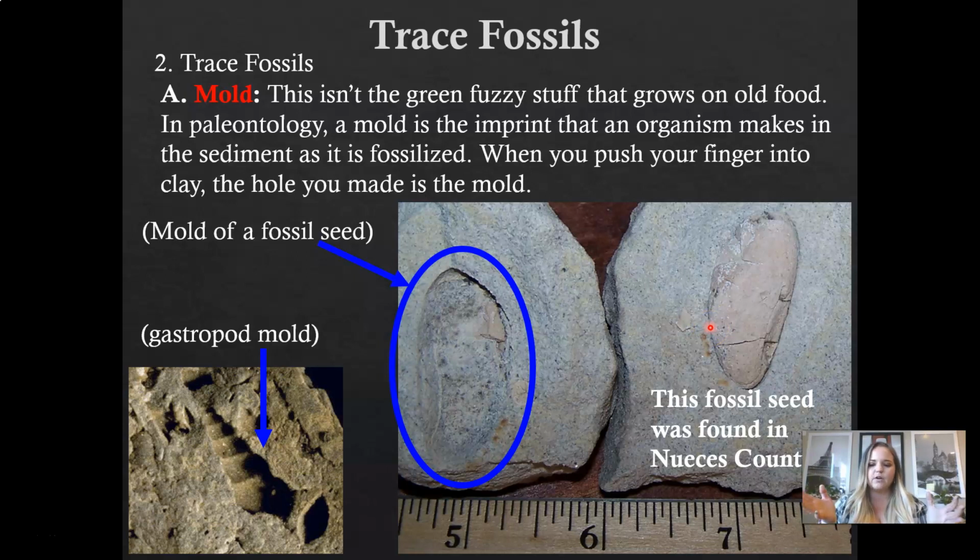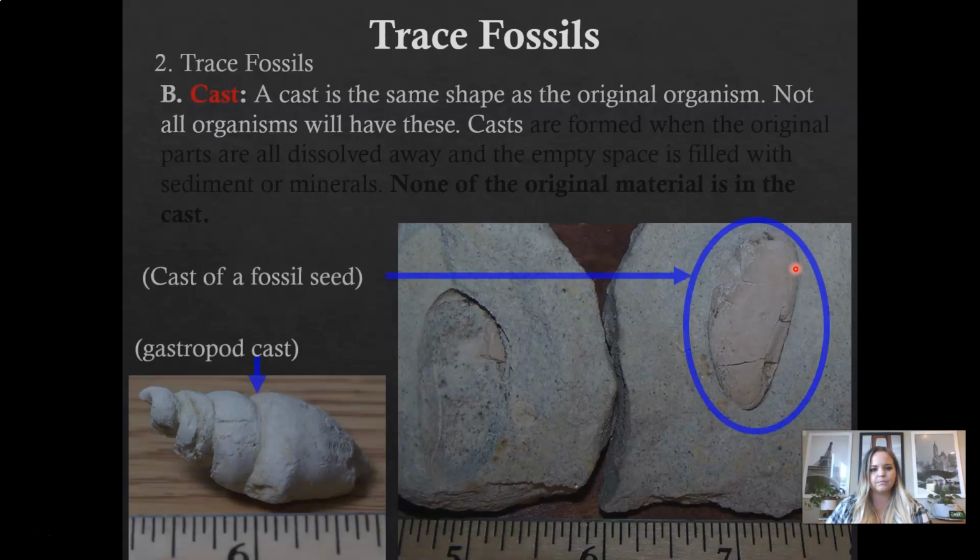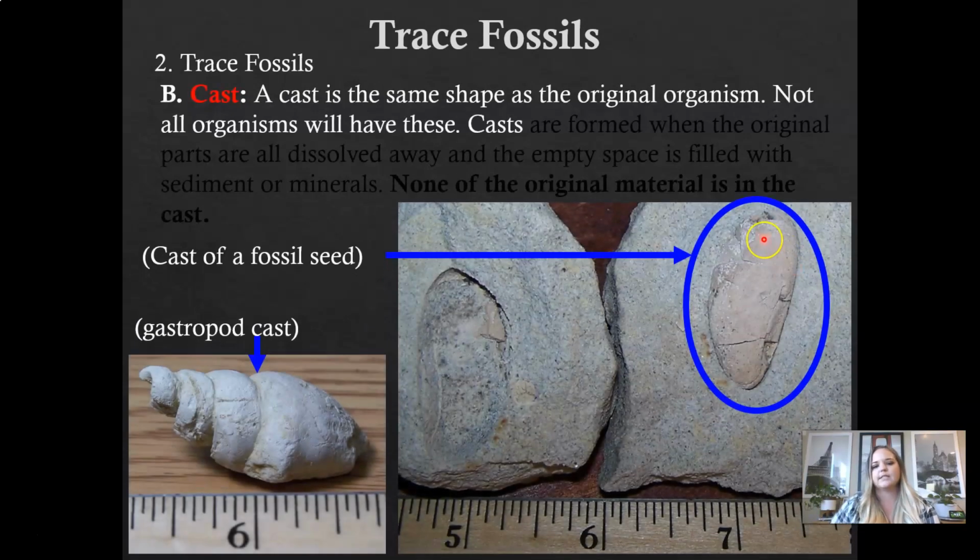So it's kind of like the mud cracks we talked about being cast in a mold, the mold being the original crack basically, and whatever filled in the crack is the cast. Okay, so then here is the cast.